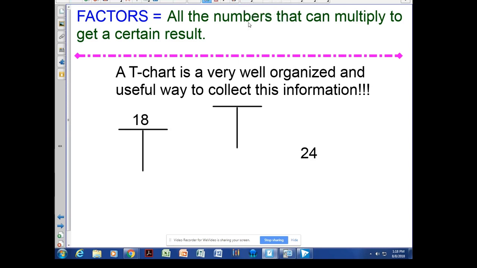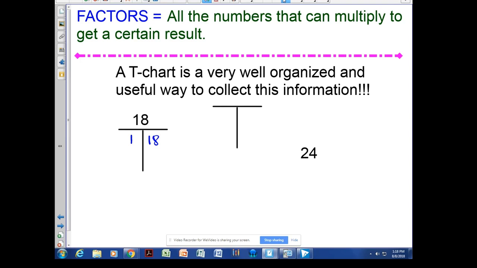I'm going to put the number 1 on the left side and ask myself one of two questions. I can ask myself 1 times what number equals 18, or I can do the opposite of multiplication, which is division, and say 18 divided by 1. Well, this is an easy one because everyone knows that 1 times 18 is equal to 18.